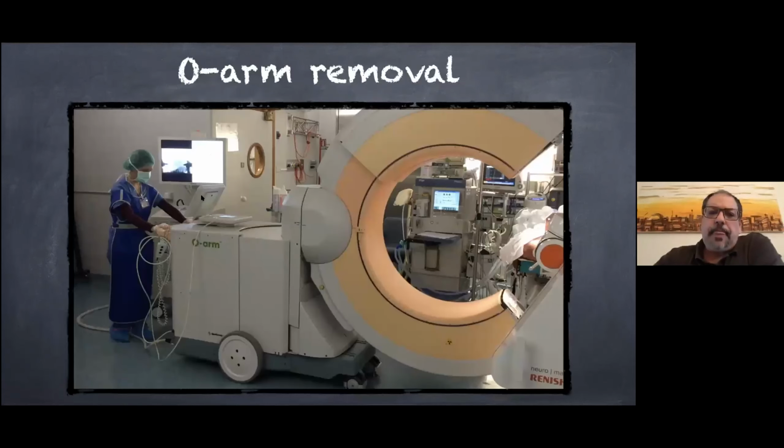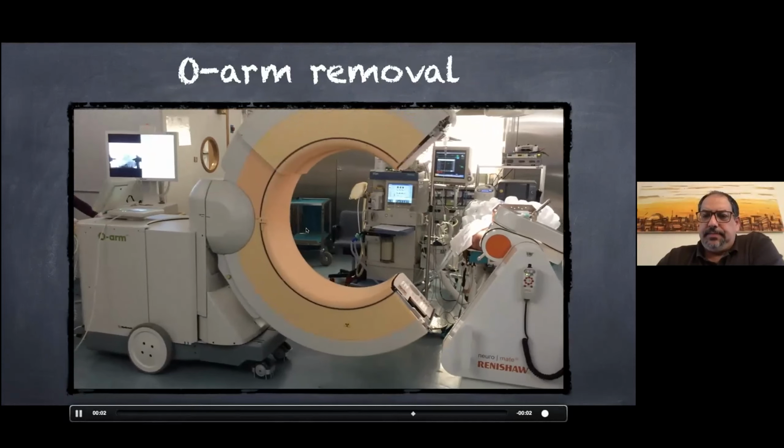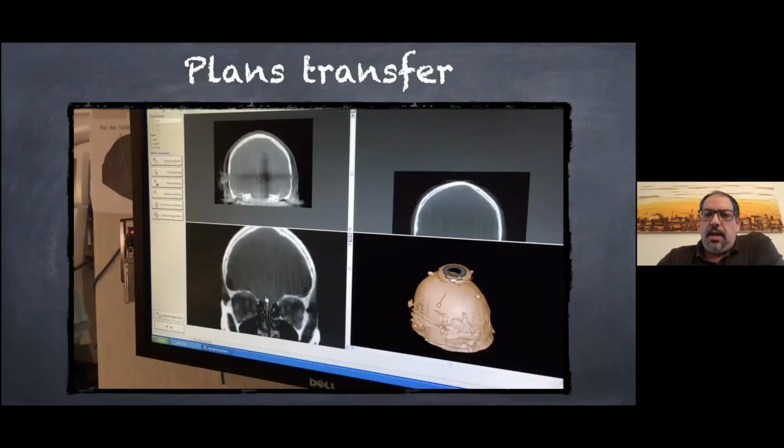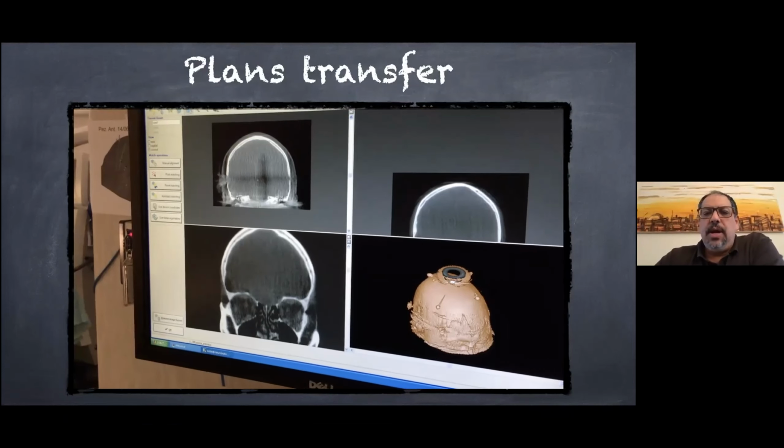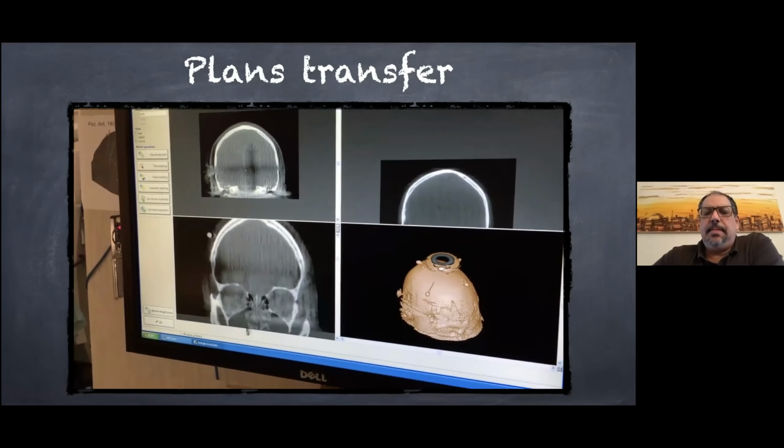successful. Then we remove the arm, and so now the system knows where is the head of the patient, but still doesn't know where are the trajectories. So we co-register to the actual dataset the planning datasets that had the planned trajectories.